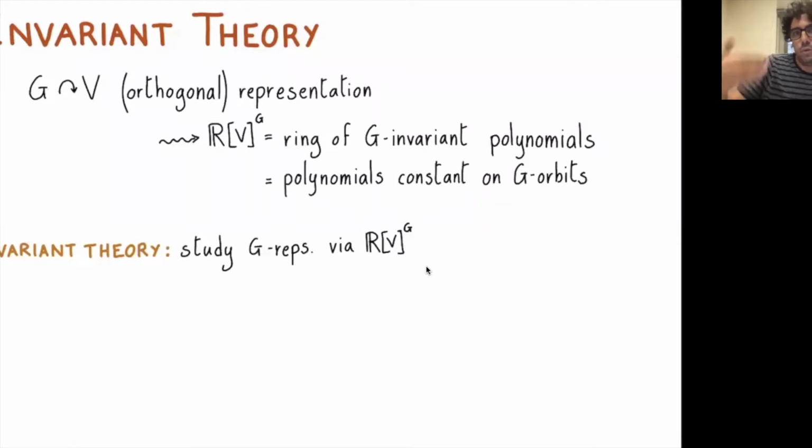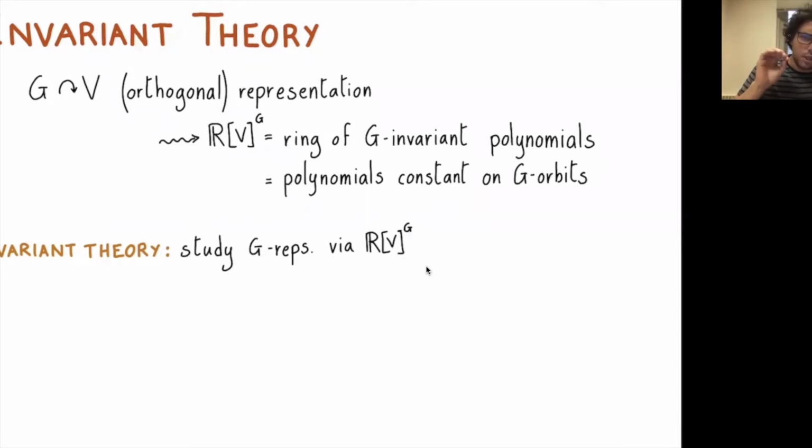Or you can think of it as the polynomials that are constant along the orbits of the group action. The point of invariant theory is to study representations and actions in general through the analysis of the algebraic structures of the algebra of invariants.